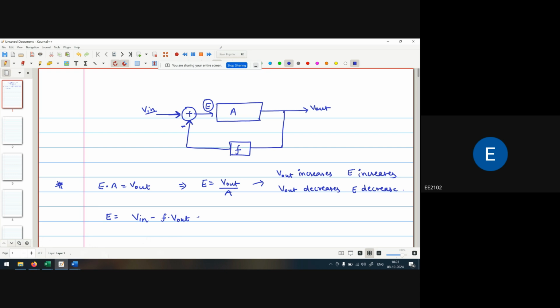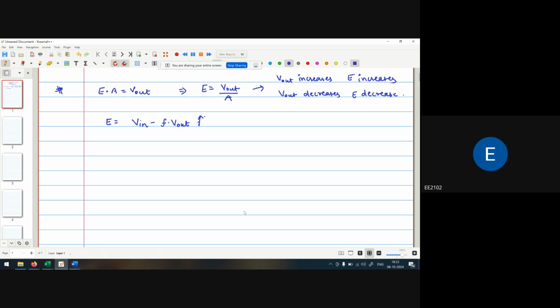Okay. So if V out increases, E decreases, but it all depends on the feedback factor F. Okay.